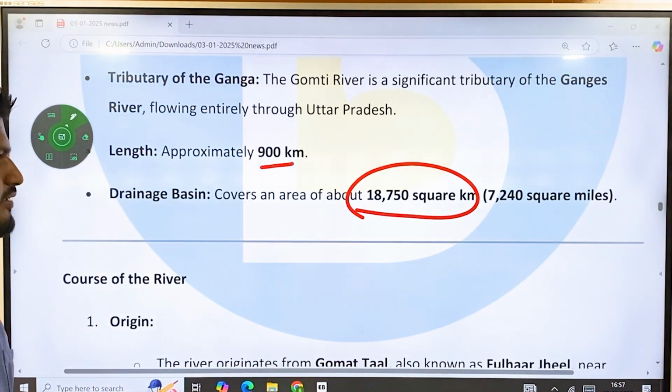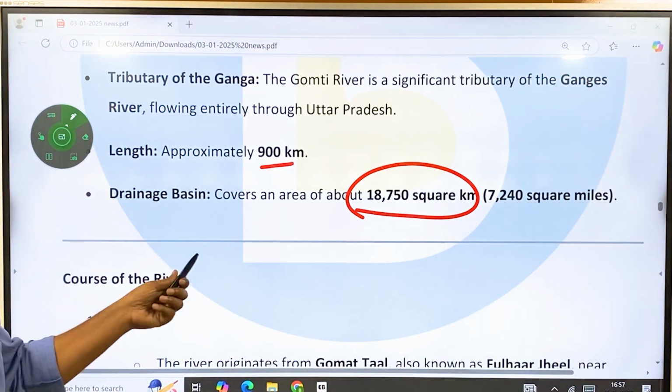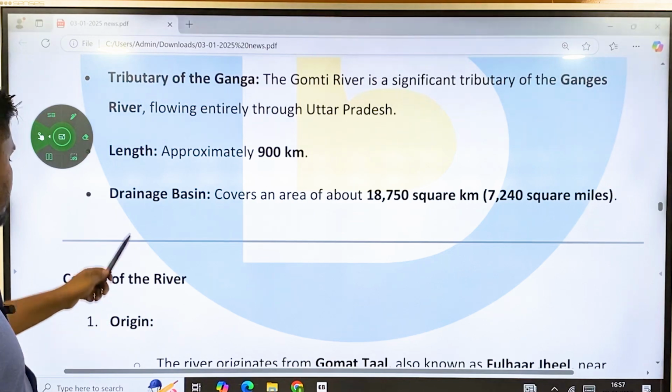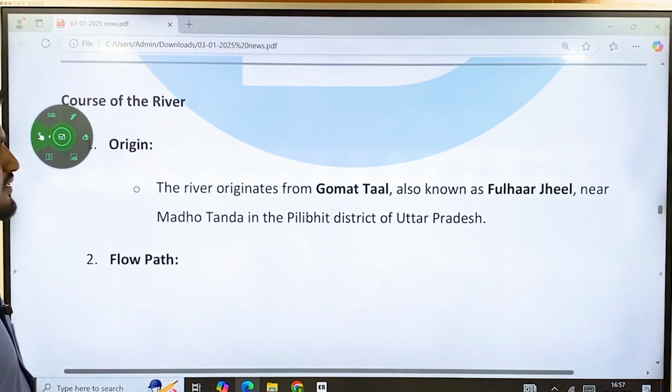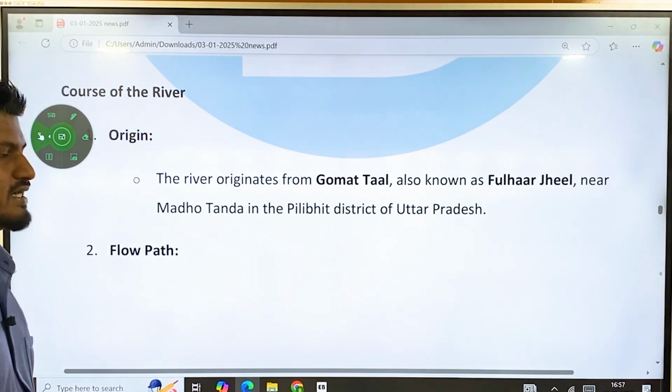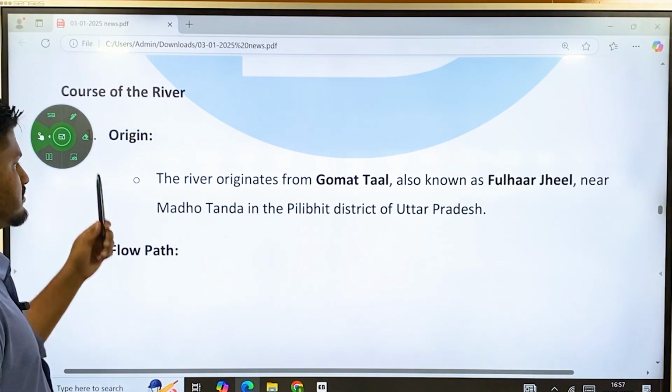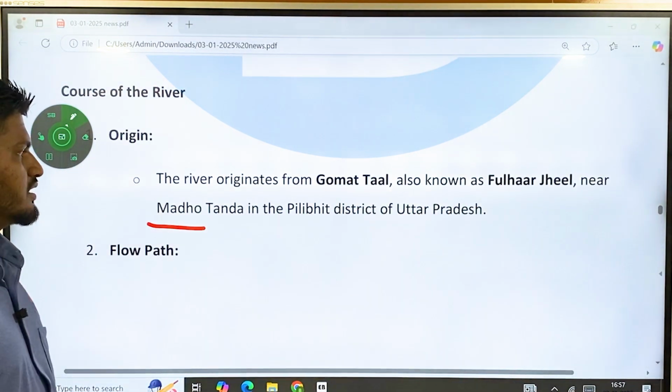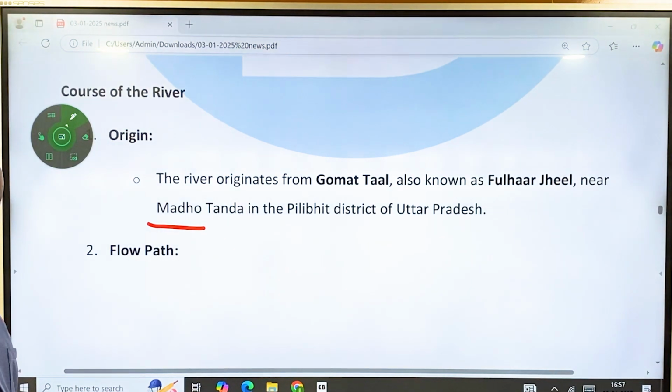A very big river in itself, but it also acts as a tributary for the Ganga River. The river originates in Gomat Tal, also known as Fulhar Jheel, near Madho Tanda in the Pilibhit district of Uttar Pradesh.